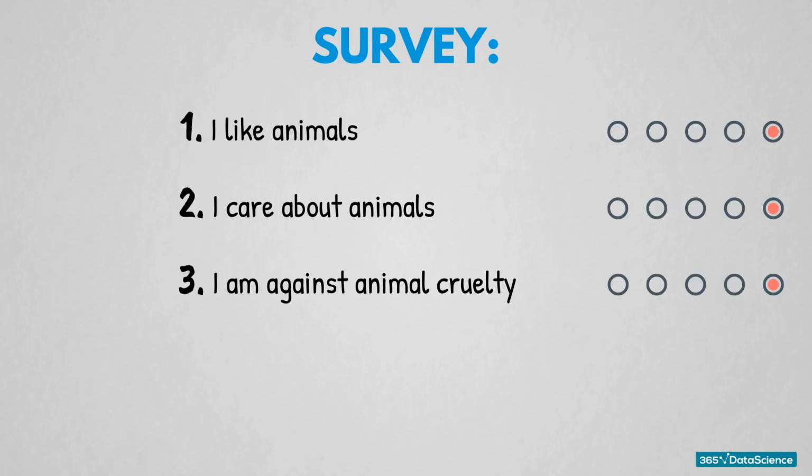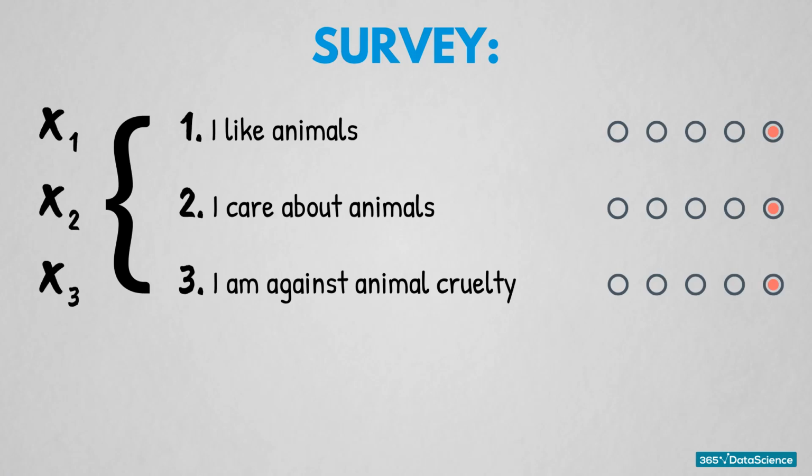In other words, if you strongly agree with one of these three statements, you won't disagree with the other two, right? Well, with factor analysis, we can combine all the questions into general attitude towards animals. So, instead of 3 variables, we now have 1.